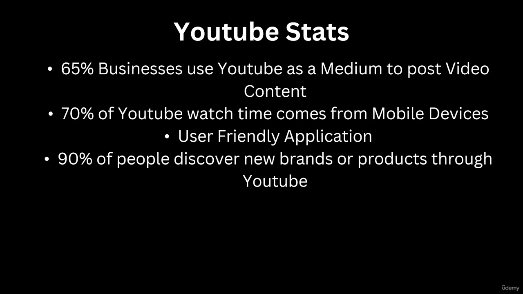Once you open it, you have the Shorts option and the videos option, and from there you can search what kind of video you want, what artist you want to listen to, or what subject you want to study. You will get all the relevant topics according to your search. That's why I call this very user friendly.